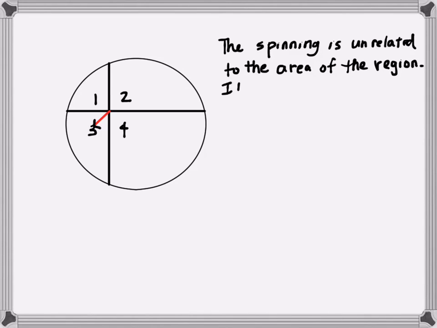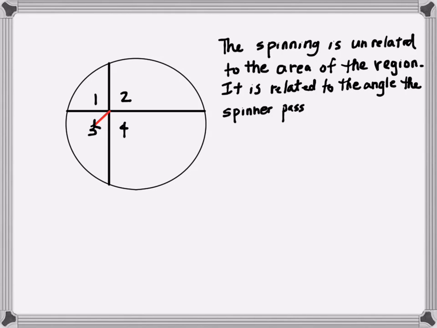It is related to the angle the spinner passes through. All right, so that's sort of answering the issue of what would we tell him about his conjecture.